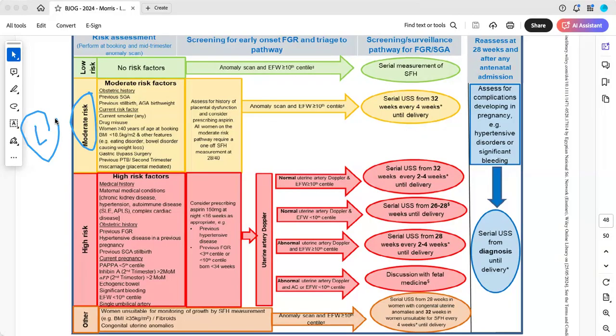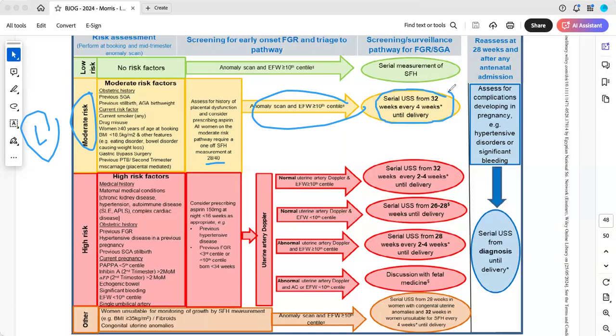So if this lady is assessed with a history of placental dysfunction, we can consider prescribing aspirin according to her risk for preeclampsia, okay? And we will check at least one symphysis fundal height measurement at the 28 weeks, okay? And everything is fine. Anomaly scan was fine. Estimated fetal weight is fine. Serial ultrasound from 32 weeks, every 4 weeks until delivery.